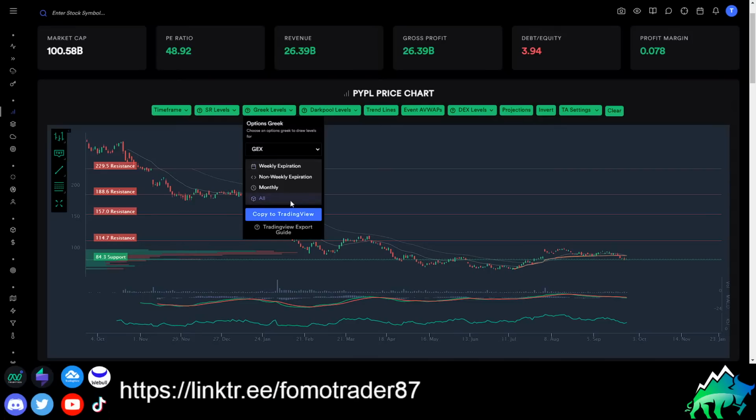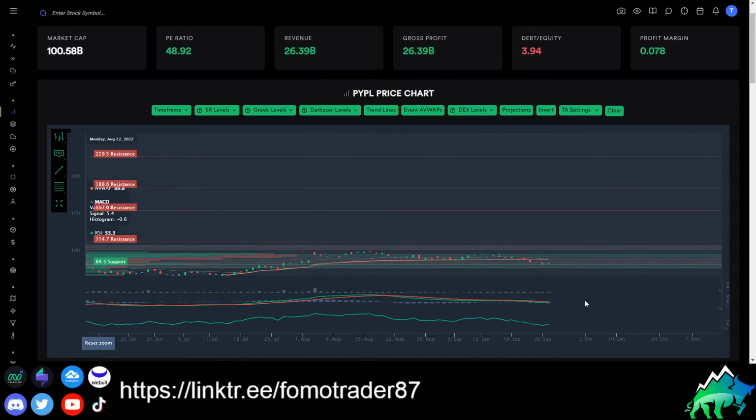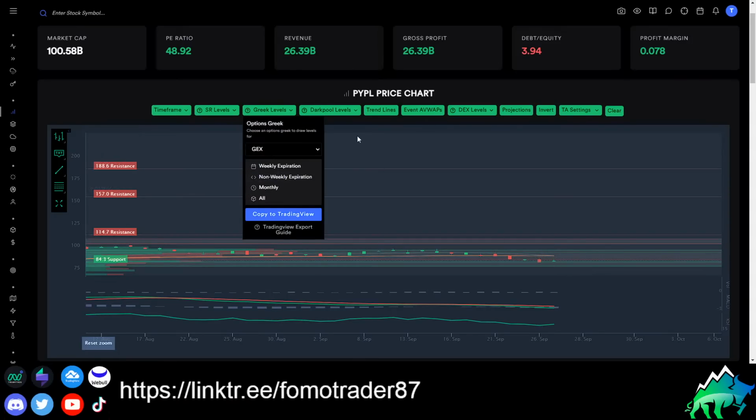We can add the delta to the chart as well as the GEX. And we can see that we are sitting on a GEX zone as well, positive GEX.